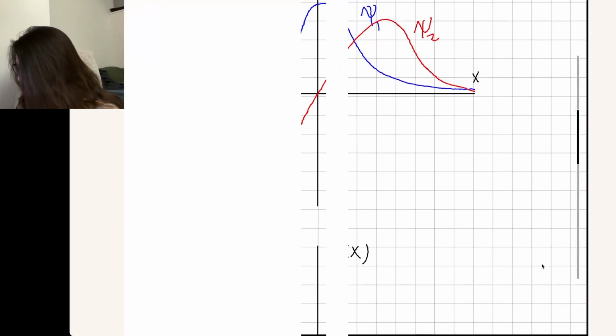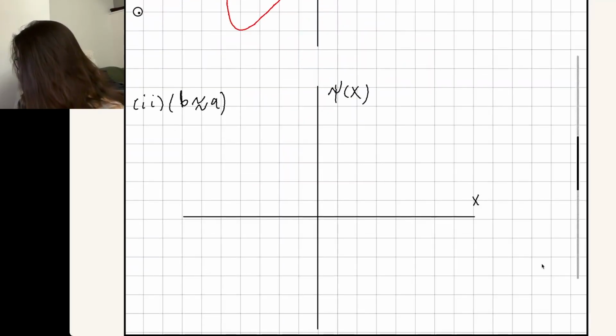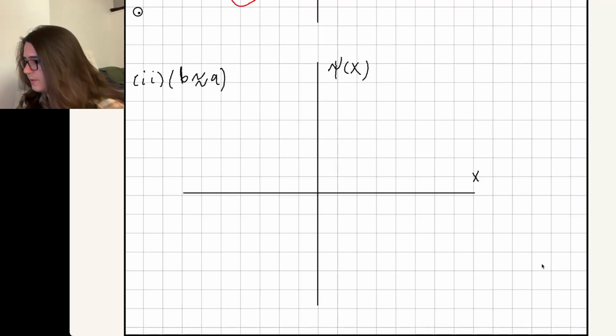For the next thing, we have that B is approximately equal to A. The fact that they're approximately equal doesn't matter. It's just that there is a degree of separation that's not negligible in between the boxes now.